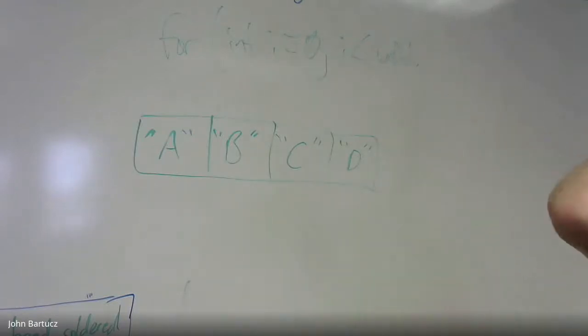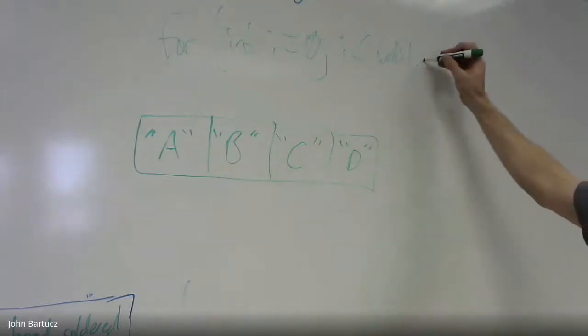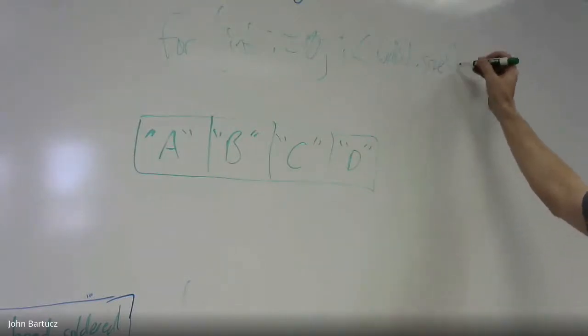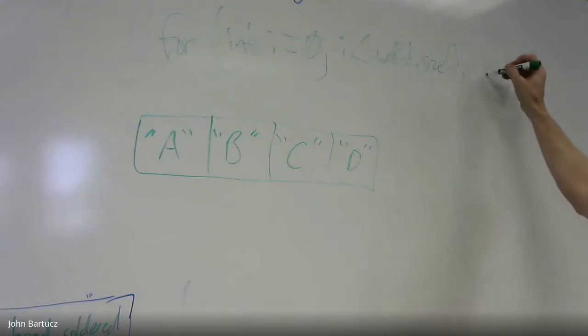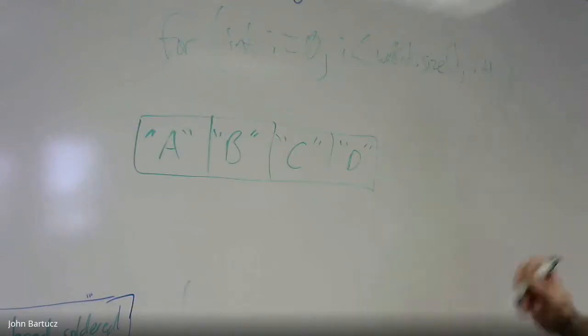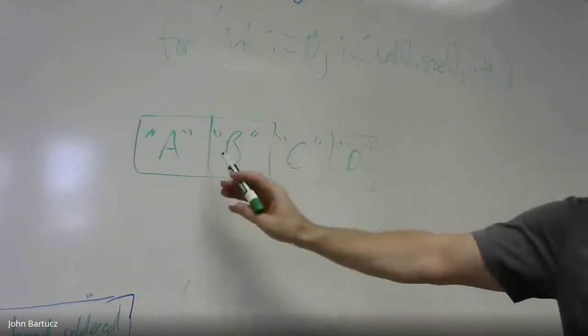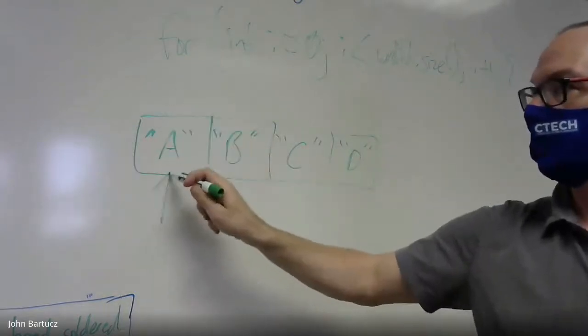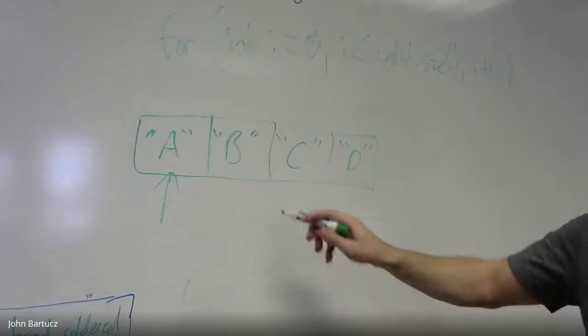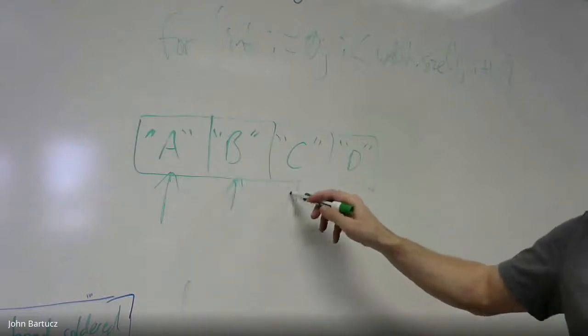Size, because we're using an array list. i goes up by 1. So that is going to give me the index, the position of each element one at a time.